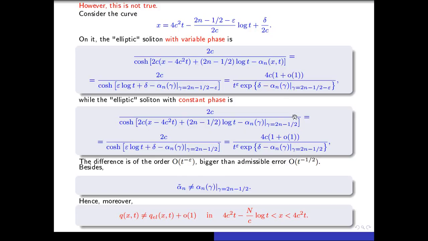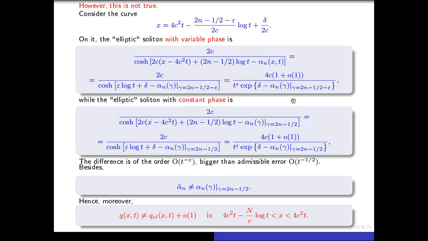Here we have α_n(γ) evaluated at the point 2n - 1/2 - ε, and here it's evaluated at the point 2n - 1/2. So these are different constants, and hence the difference between these two expressions will also be of the order t^(-ε), which is bigger than the admissible error of the order t^(-1/2).